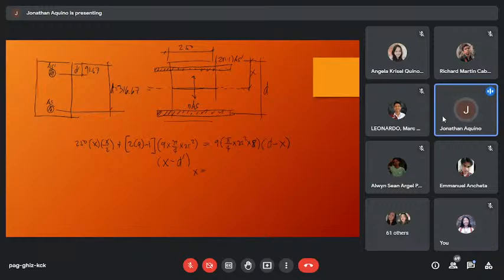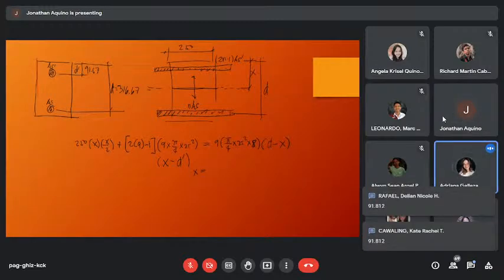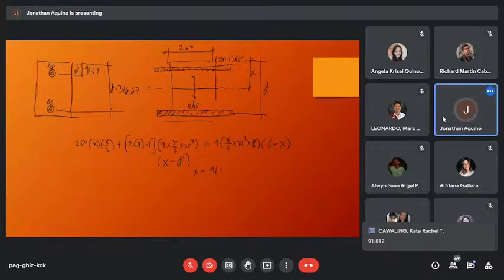Okay, the value of x I got is 91.812. About the others, can you check? Yes, sir, same value. So x is 91.812 millimeters, the centroid. Now we can solve for the moment of inertia.